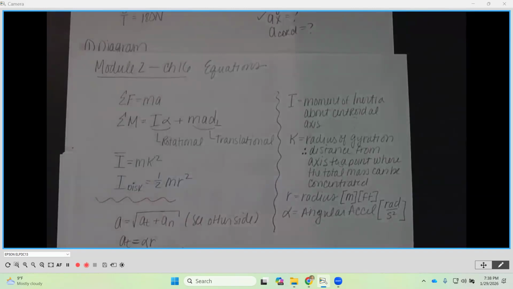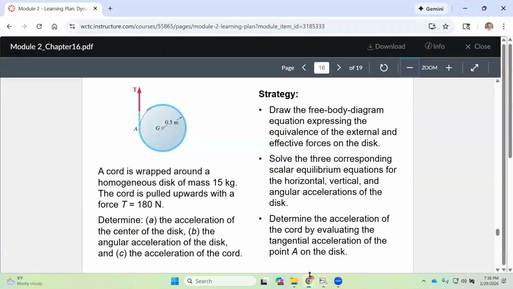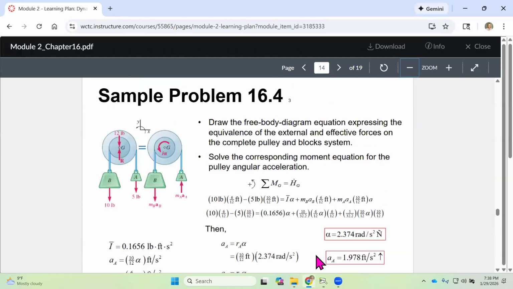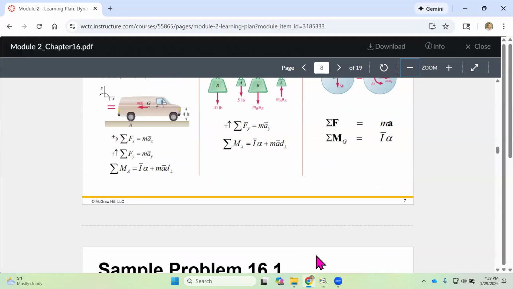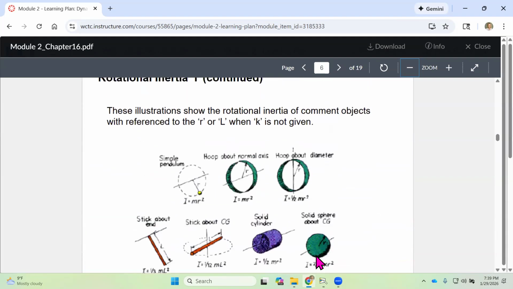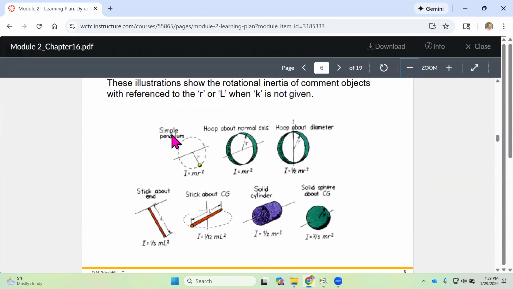If I go back in my PowerPoint presentation, and you can also, these are standard equations. You could look these up by just doing a quick search. But right here, these are the standard equations, and this is a solid cylinder, so it's 1/2 mass times the radius. And I know you can't really see it very well on this thing, but it's from the center of rotation to the outer surface, and we're going to square that value.